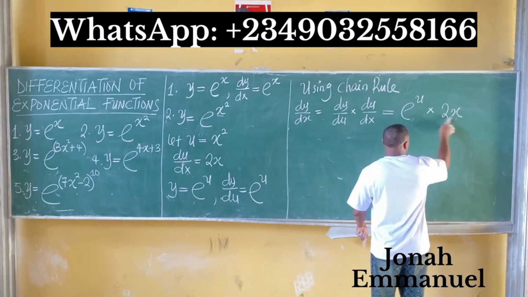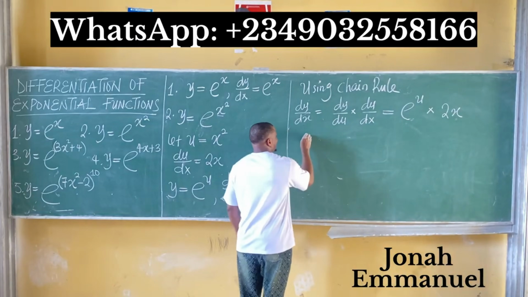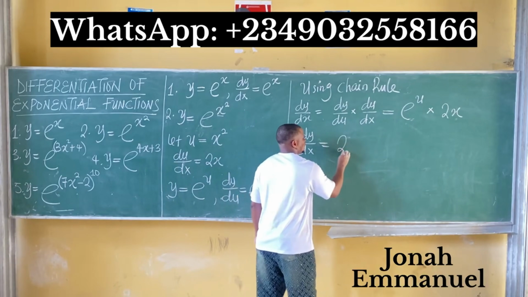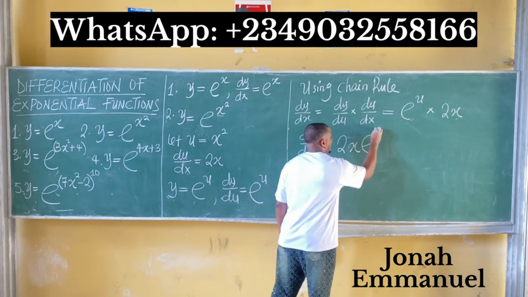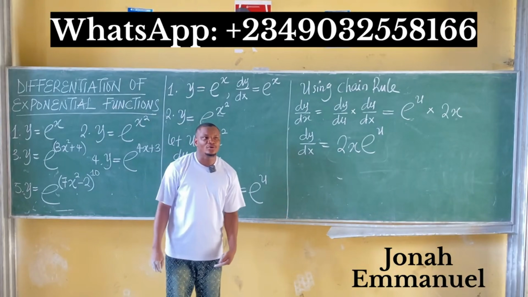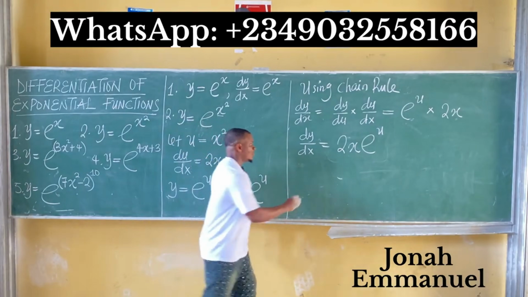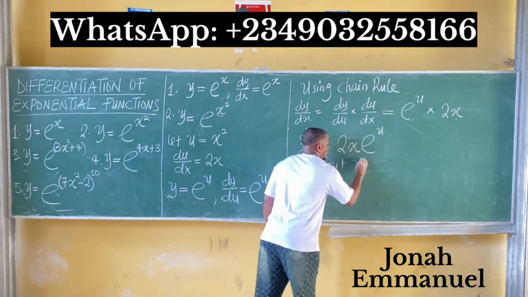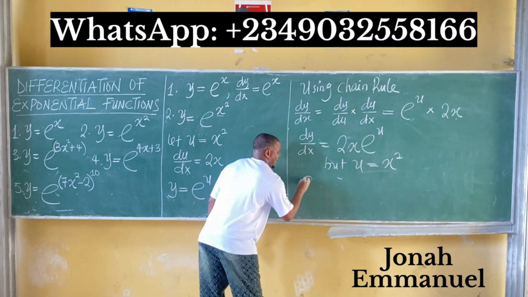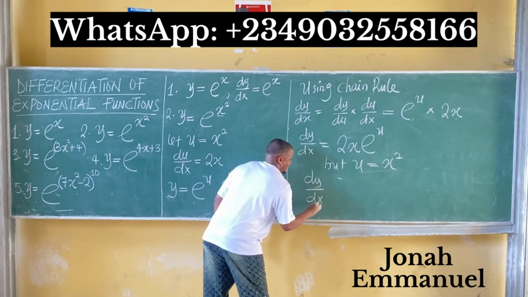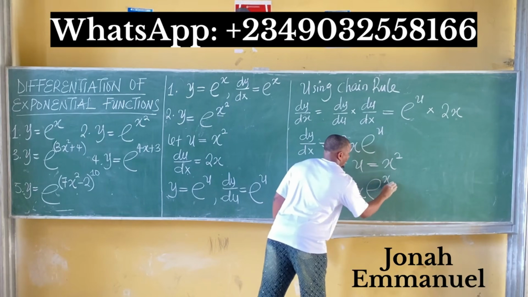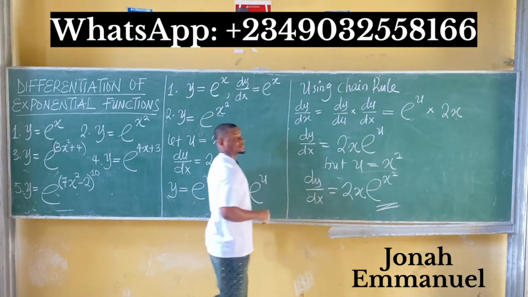So please multiply these two things. You have dy/dx is equal to 2x exponential u. When doing chain rule, what's the last thing you do? Bring back the value of u. But what is u? x squared. So hence, our final answer, dy/dx is equal to 2x exponential x squared. That's your answer.